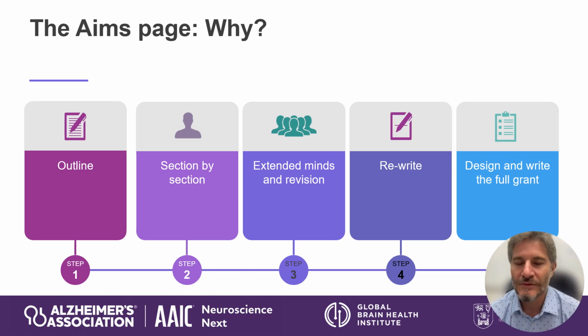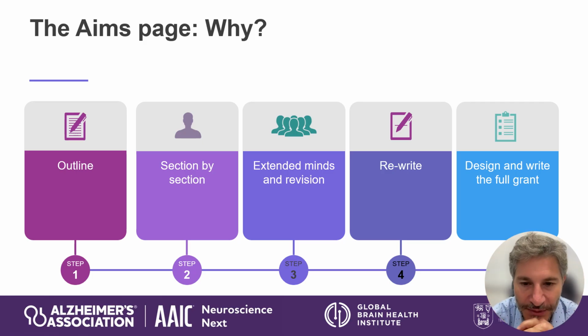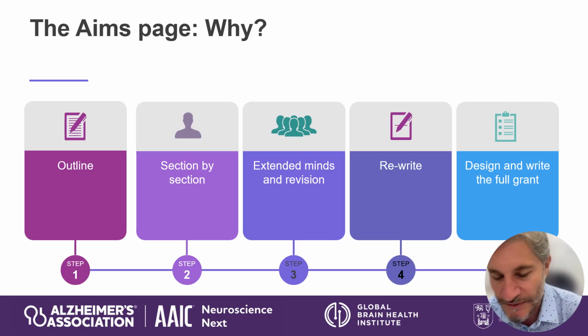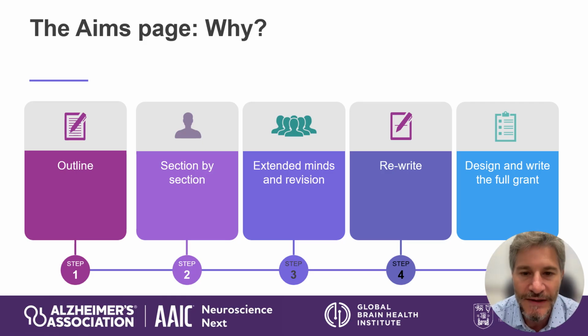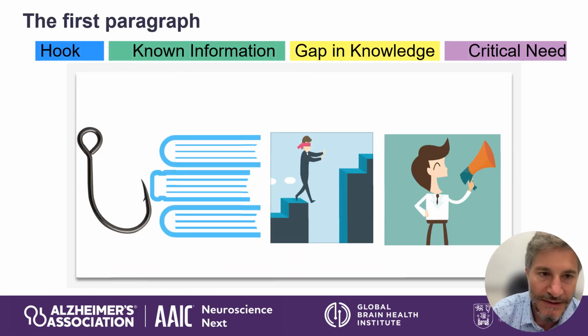And then once you are fully convinced of your aim page, you have thought of all the potential alternatives, all the controversies, all the problems that you are facing, and you have a very convincing aim page, after that you write the other parts of the grant.